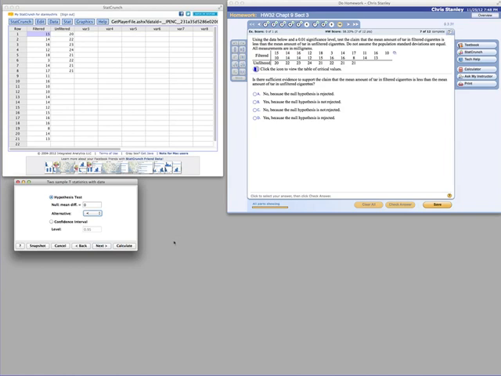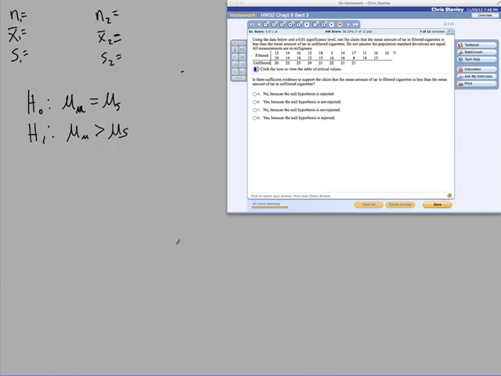I'll do the null. This is going to disappear, but I'll come back. So the null is the average from the filtered equals the average from the unfiltered. We always assume they're equal. Now, the alternative is the average from the filtered is less than the average for the unfiltered.